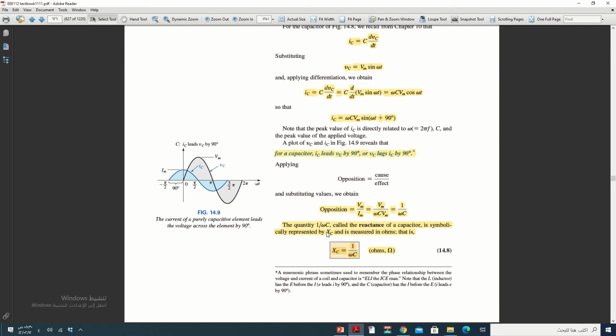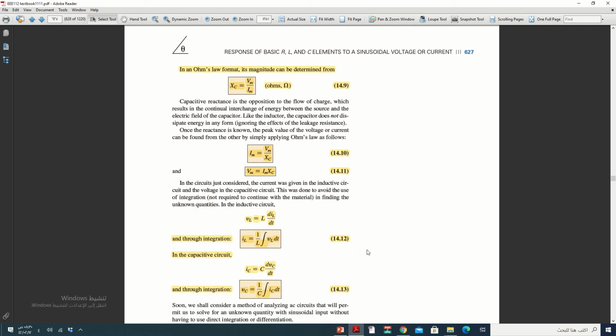The symbol is XC. XC equals 1 over omega C, by Ohm's law, in ohms unit. Here it's similar. You can write XC equals Vm over Im, the peak Ohm's law, or Im equals Vm over XC, or Vm equals Im multiplied by XC.